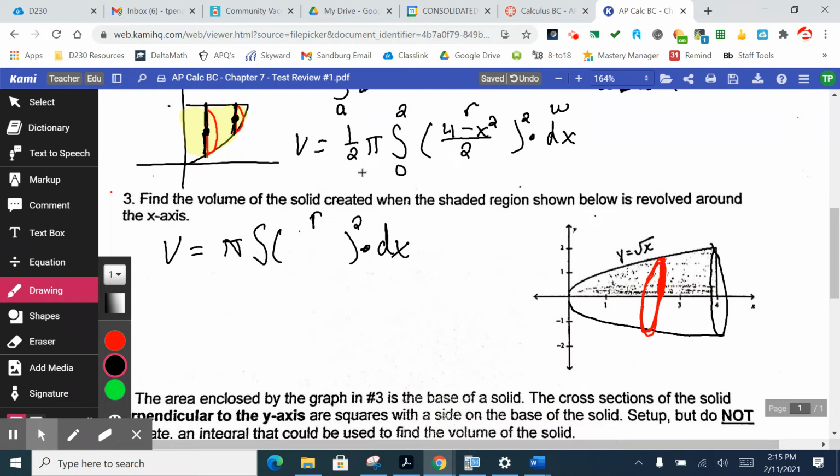Just look where we start out in terms of x and where we end in terms of x, so 0 to 4. If I now draw on the radius to my circle, draw on the radius to your circle, now we do have a clear top curve, and we do have a clear bottom curve, so there's no need to do a diameter and cut that in half. The top of every radius would be root x, the bottom of every radius would be 0.